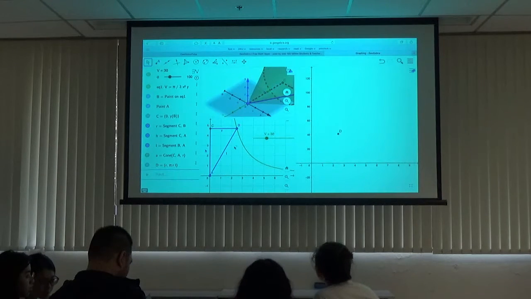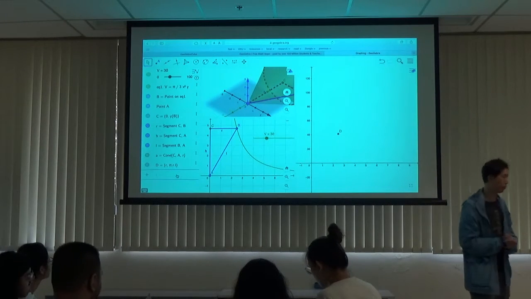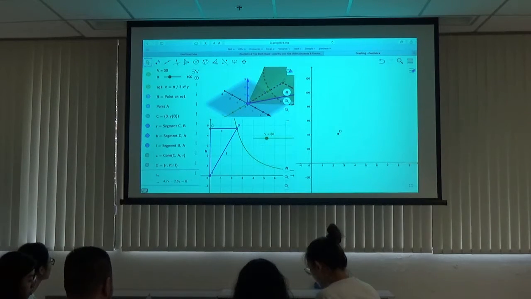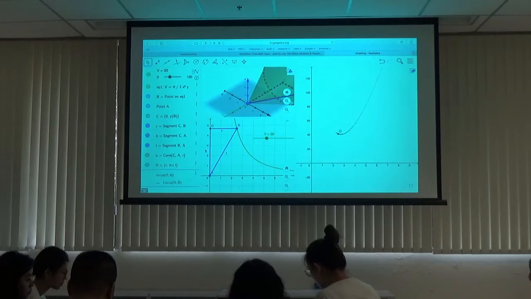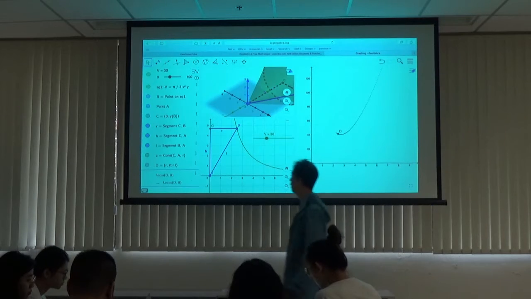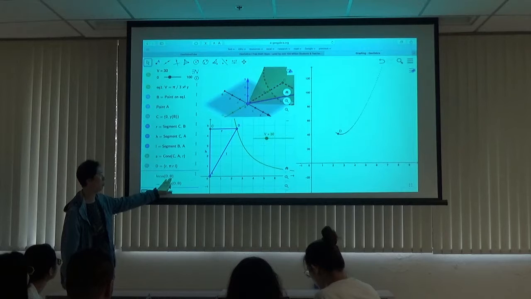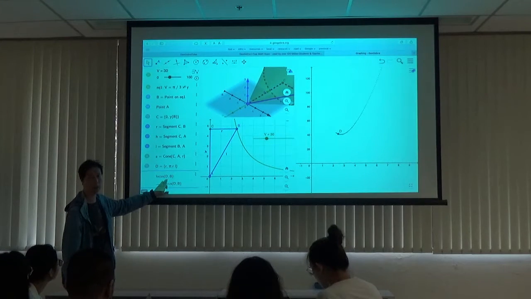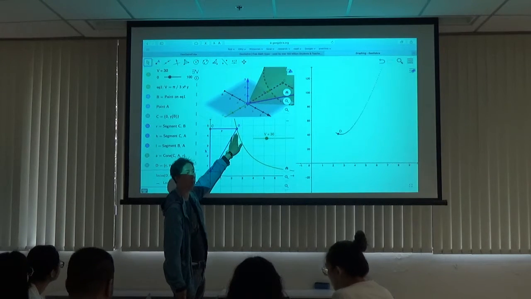Okay, so the next thing I want to create will be the locus of the point D, according to the point B. B is the movable point that will affect the point D. At the same time, B is also a point on a particular curve.